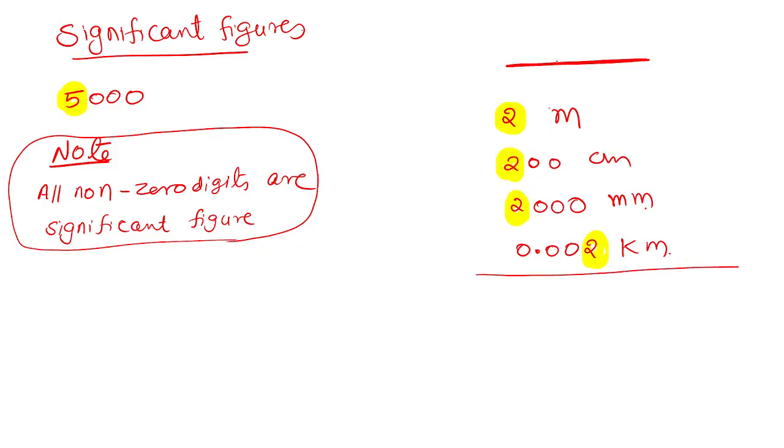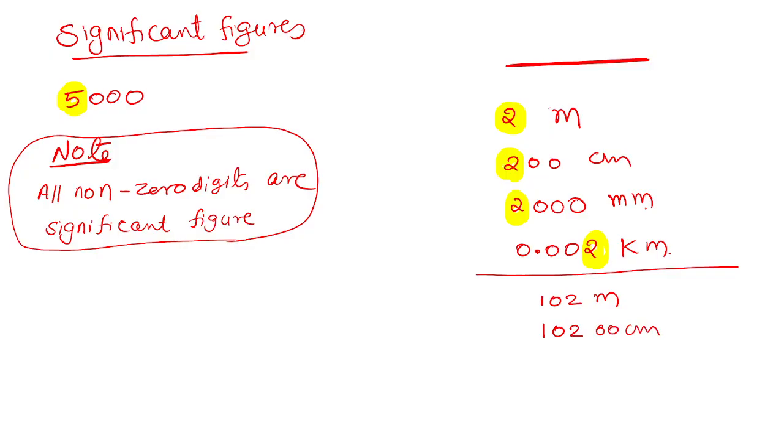somebody has measured the length of an object as 102 meter. Another person came, he measured the same object as 10200 centimeter.